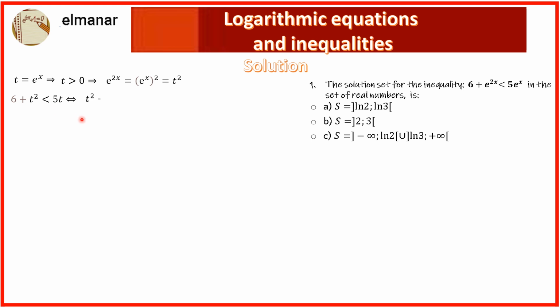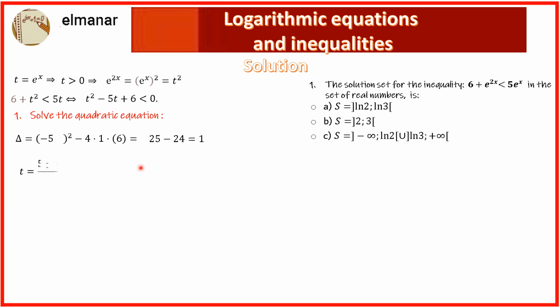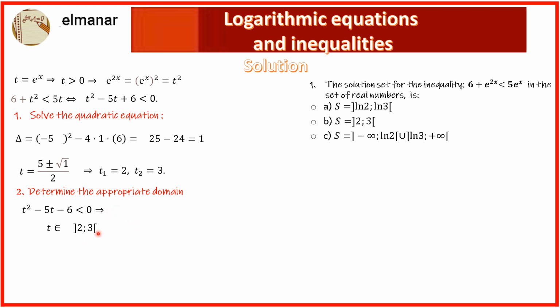This is equivalent to t squared minus 5t plus 6 is less than 0. We calculate the discriminant, delta. We find that it equals 1. The roots are t1 equals 2 and t2 equals 3. For the expression to be less than 0, t must be between the two roots, meaning between 2 and 3.